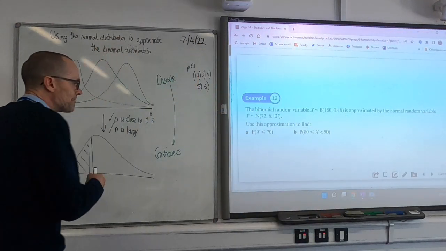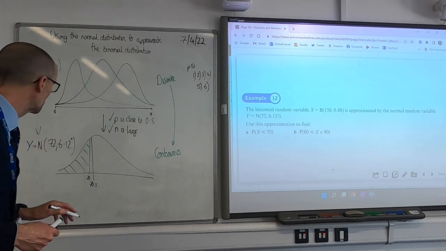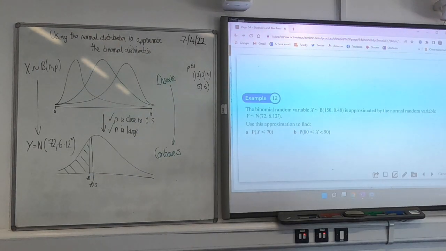So, to the calculator, we are dealing with a normal distribution with a mean of 72 and a standard deviation of 6.12, and we're looking for a probability.